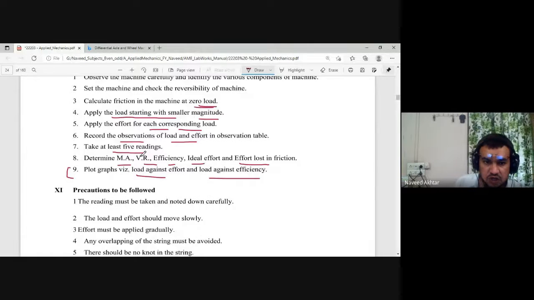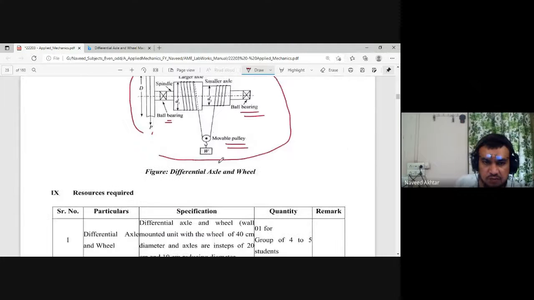So you have to apply the load, because this load W is the load. W is nothing but the load you have to lift, and this P is nothing but the effort you have to apply to lift the load.